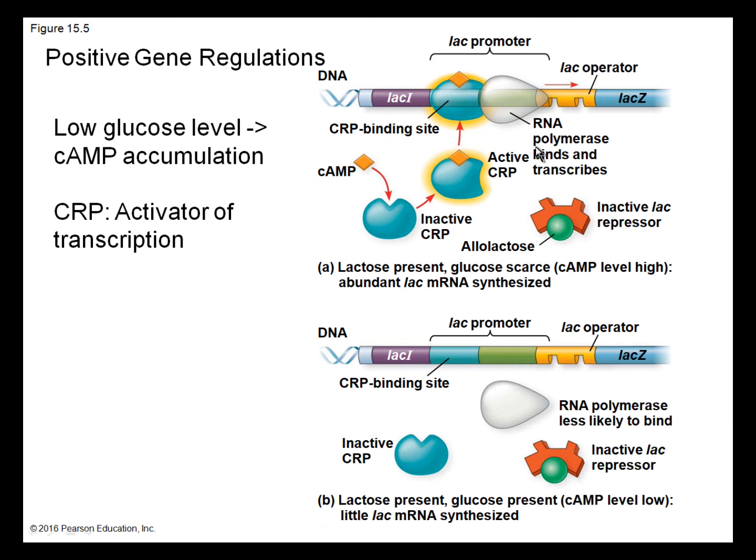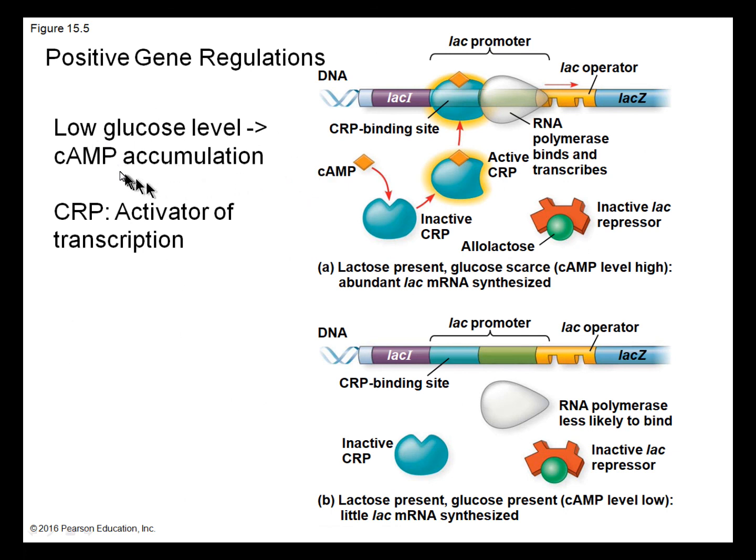But when they have no glucose around, they have to use lactose as the alternative source of energy. That's why the cell has to sense the lack of glucose, a low level of glucose. If you have a low level of glucose, there's a small molecule that accumulates called cAMP, cyclic AMP.